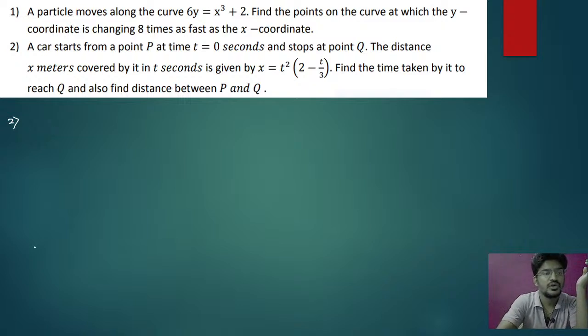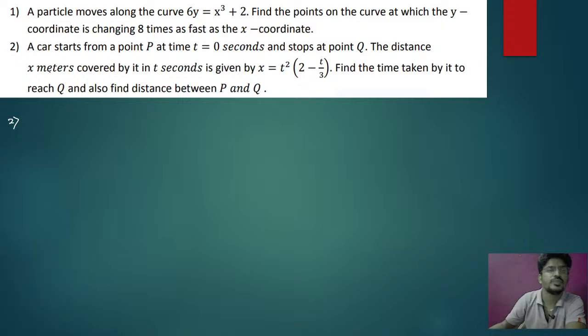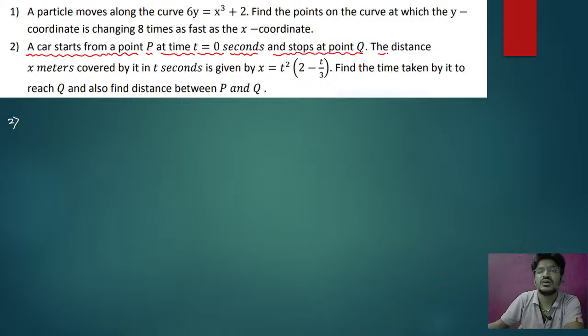Okay. The second problem: a car starts from a point P at a time t equal to 0 seconds, and stops at point Q. The distance x meters covered by it in t seconds is given by x is equal to t square into 2 minus t by 3.